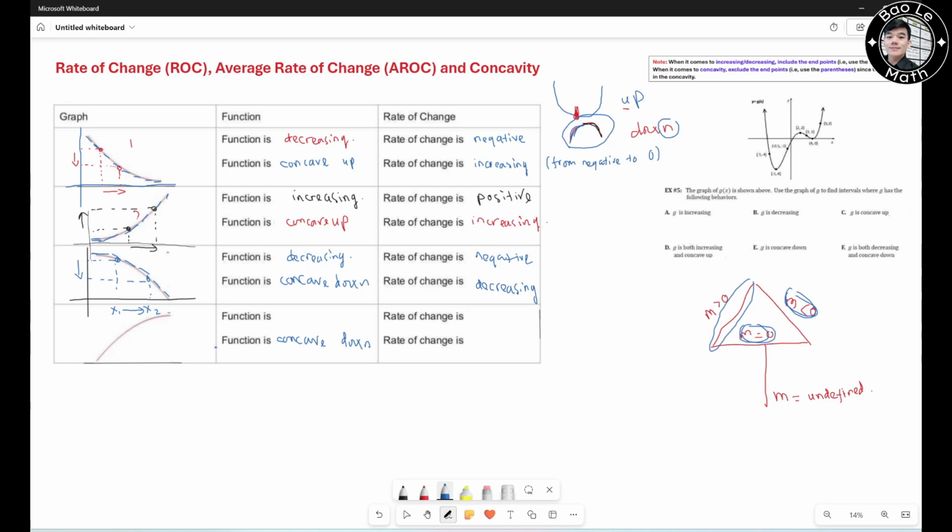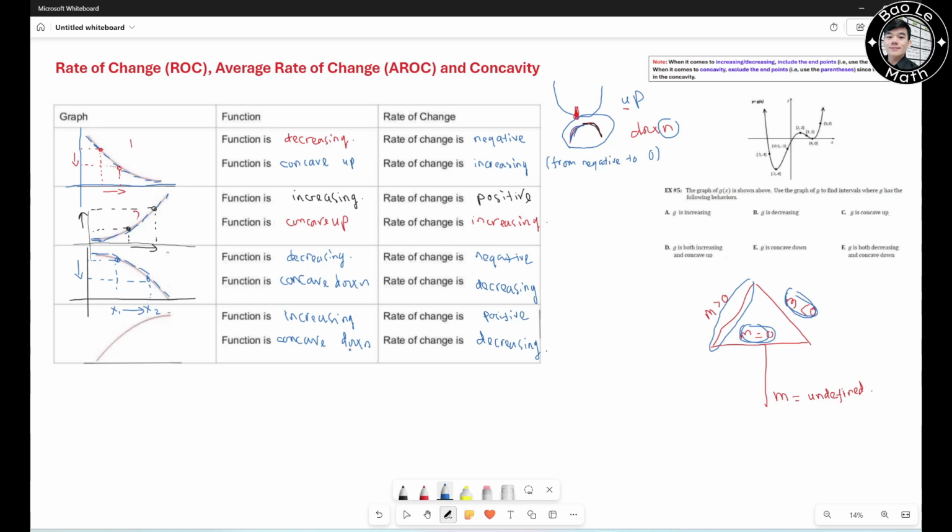Right? Now the last one, we do exactly the same thing. The function in this situation is increasing. The rate of change is positive. Because the function is concave down, the rate of change is decreasing. Alright, keep that in mind.